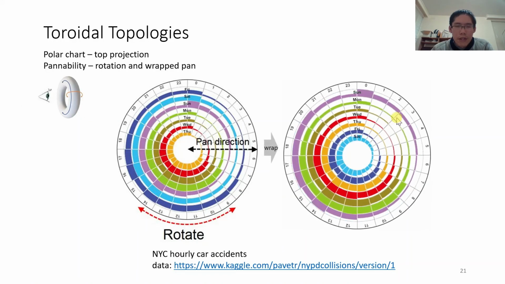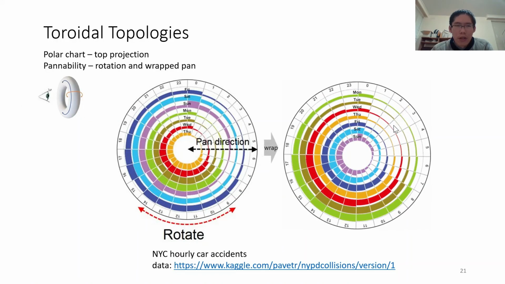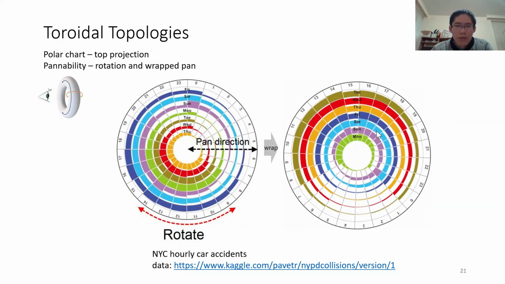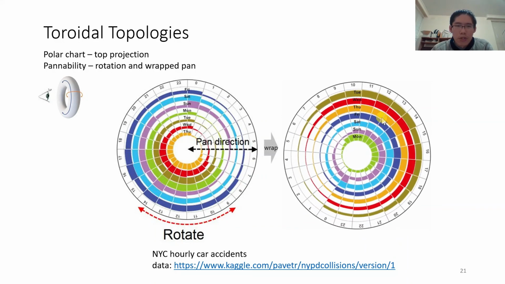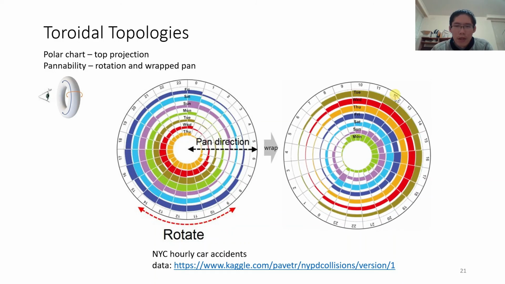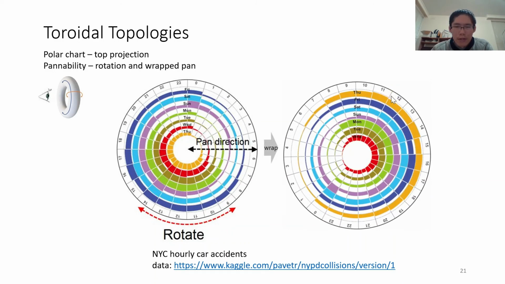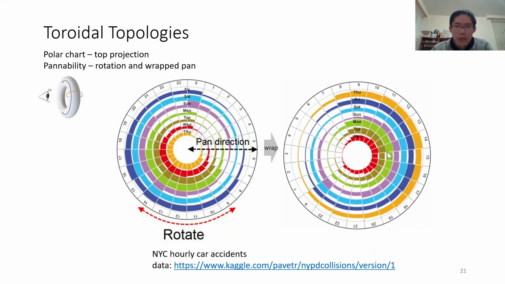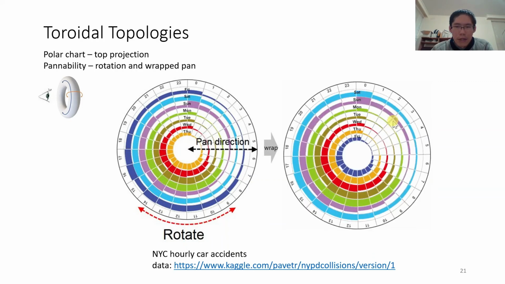The same cyclic data can be represented on a polar chart. By top projecting a torus, a user can rotate the hour dimension and use panning to wrap the days. This allows the user to see a continuous representation of hours across days.